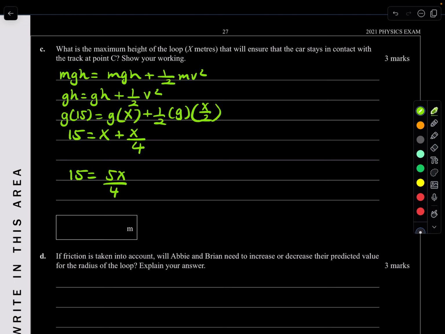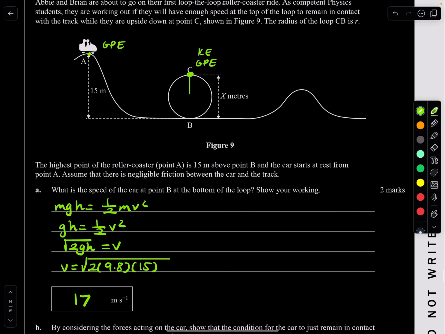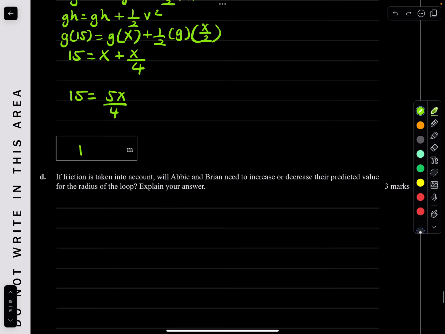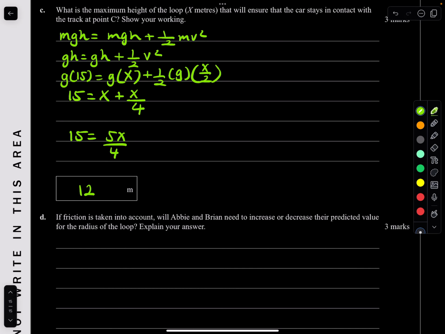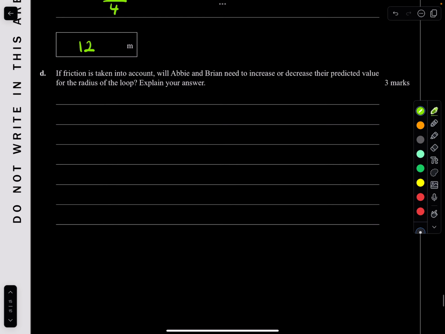So x is 15 times 4 divided by 5, which gives x equal to 12 meters. Beautiful. So the overall diameter is 12 meters.